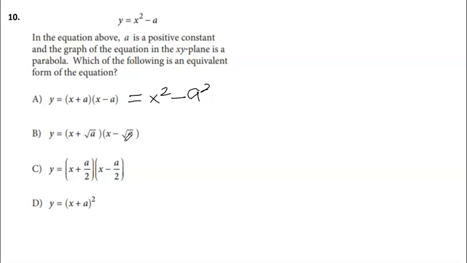Now, if we go to the second one, this is also difference of two squares, and this is what? X squared minus parenthesis square root of a squared, which is actually x squared minus a, right? So just like that, we found our answer.